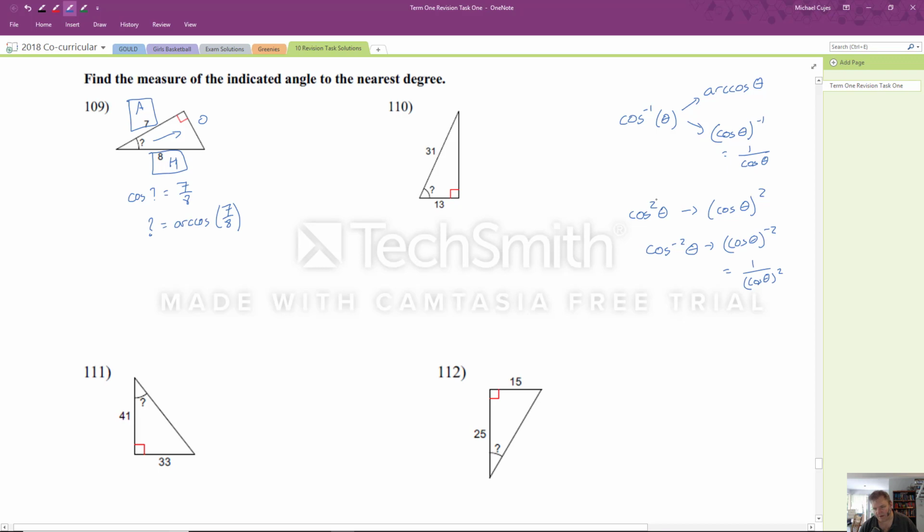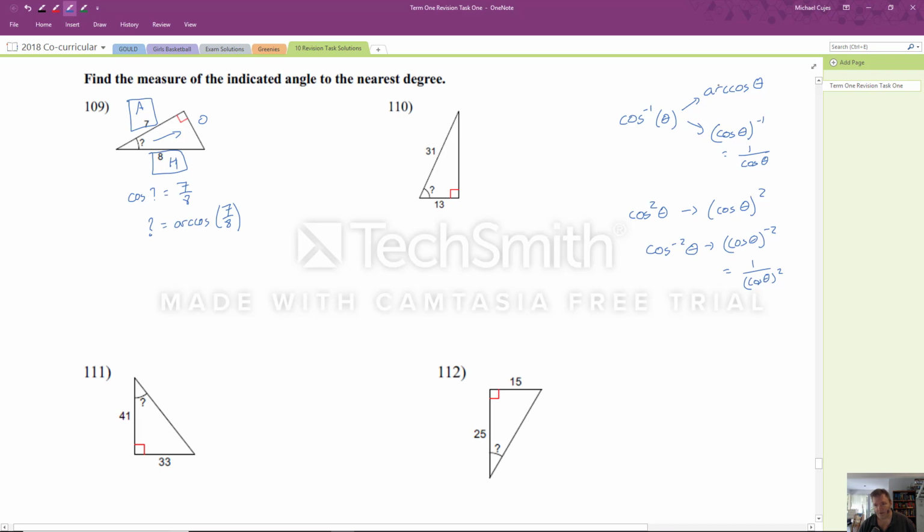You can see how this notation is used to indicate a power usually. It's only the exception when they use -1 that sometimes it means the inverse cosine operation, which should really be called arc cos. And you'll understand more why it's called arc cos when we get into measuring our angles in radians instead of degrees.